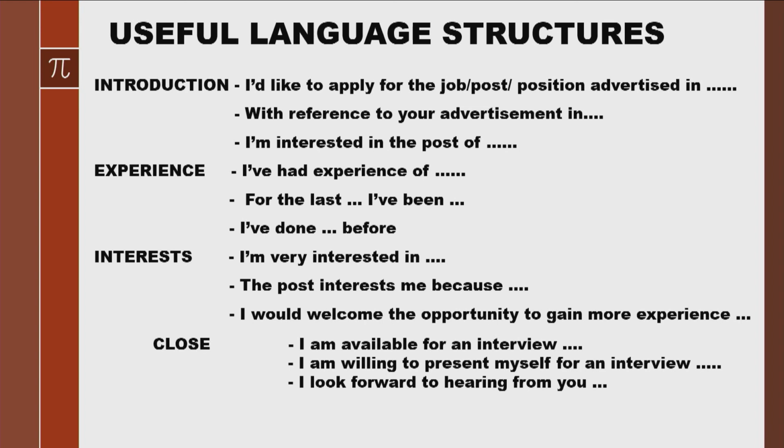To talk about your interests, you can say, I'm very interested in, or the post interests me because, or I would welcome the opportunity to gain more experience. And to close, you can say, I am available for an interview, or I am willing to present myself for an interview, or I look forward to hearing from you.